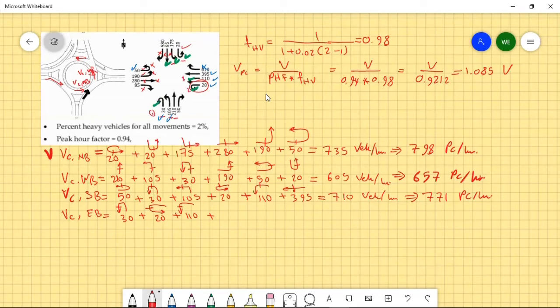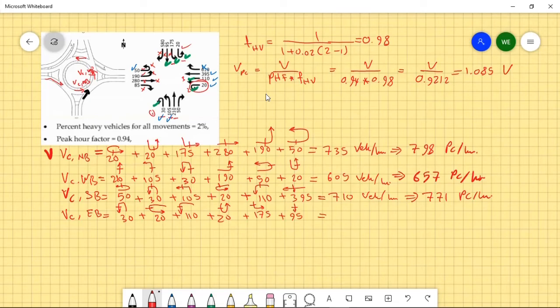You see the sequence? I'm starting anti-clockwise. Plus 20 plus 175 plus 95.